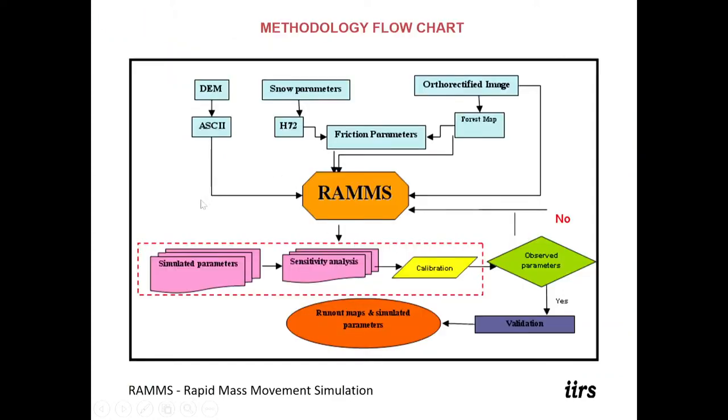In this study, the following methodology has been adopted, where they have used the RAMMS model. RAMMS is the Rapid Mass Movements Simulation model. It is a commercial model. You have to provide the different snow parameters. From the satellite image, you can derive these parameters, and you can force this model, do the analysis, and analyze the snow avalanche.